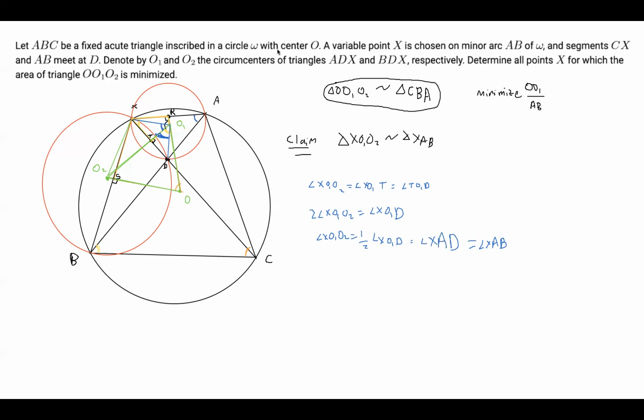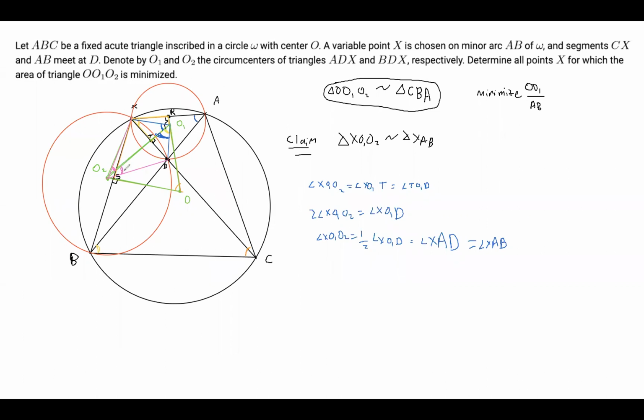Now we do the same thing for the other angle. So I will do this one in pink. So angle XO2O1 is, well, we can draw O2D, right? We draw O2D and O2X. So angle XO2O1, which is XO2T, is equal to this angle.